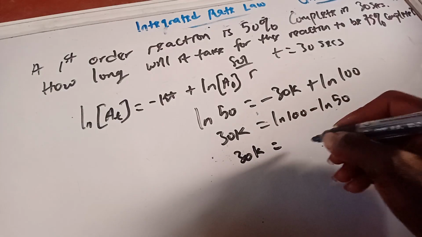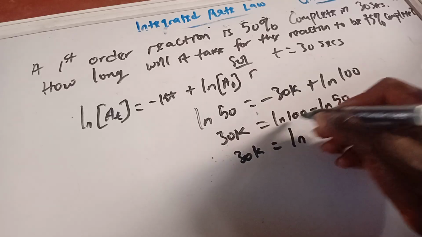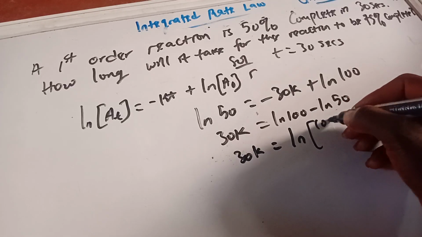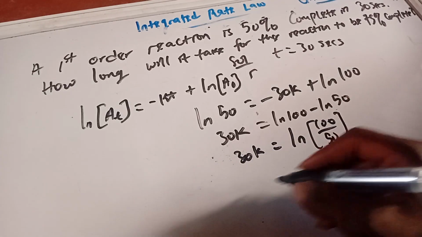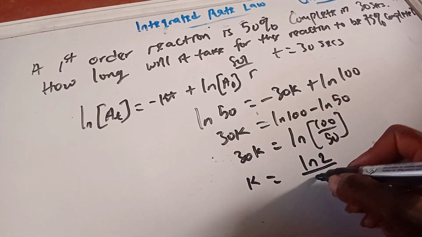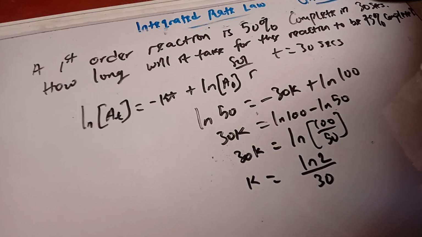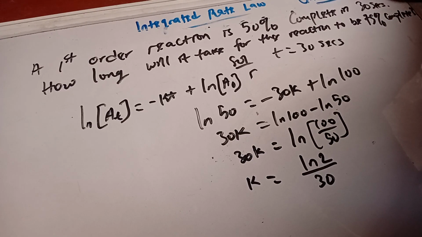So here we have 30k equals, ln A minus ln B is ln A over B, 100 over 50. So k equals ln 100 over 50, that's ln 2, divided by 30, isn't it? So I think ln 2 should be 0.693 divided by 30, that is 0.023.